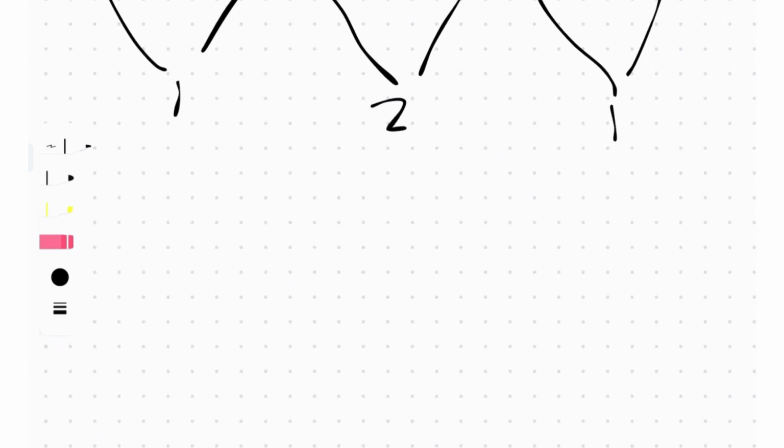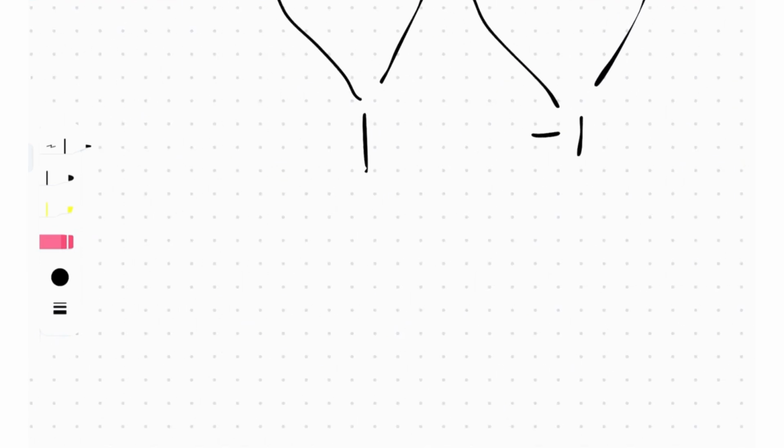Now for the second order difference series. From these first 2 terms, we get a 1. From these second 2 terms, we get a negative 1, as now we're going down. Finally, for our last third order difference series, we get minus 2.